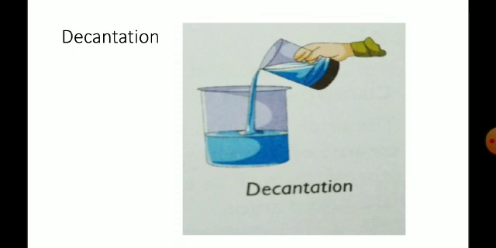So we will get only the fresh water in that new container, and all the sediments will be in the previous container. So this process is known as decantation. That means the removal of clear liquid above the sediments is called decantation.